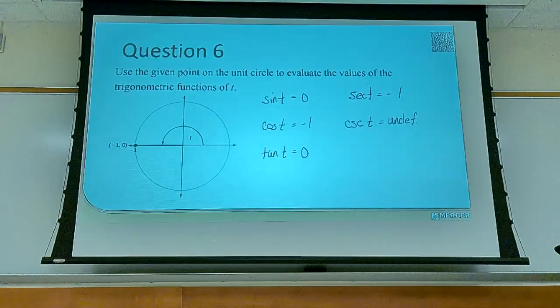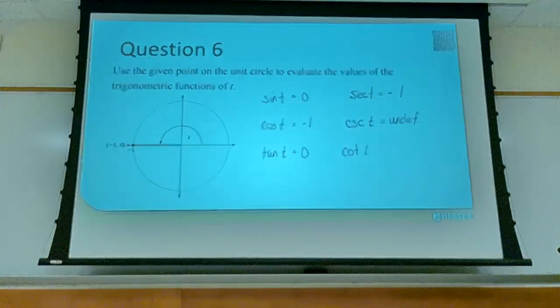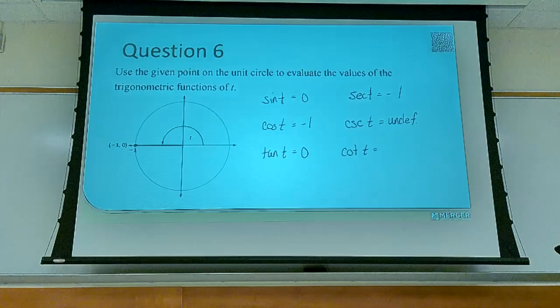What's cotangent? Negative 1 over 0 is undefined. That's cosine over sine, the reciprocal of tangent, and you can't divide negative 1 by 0.